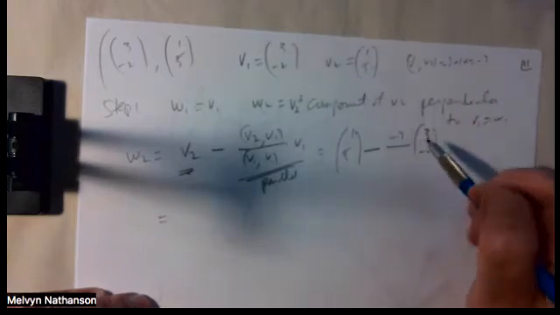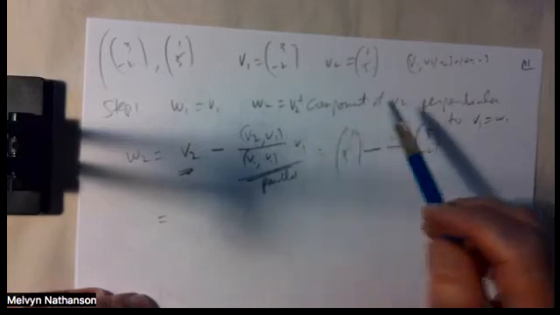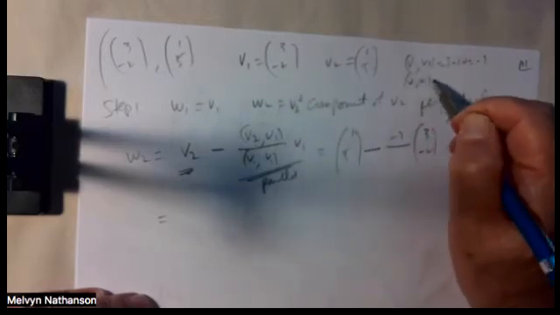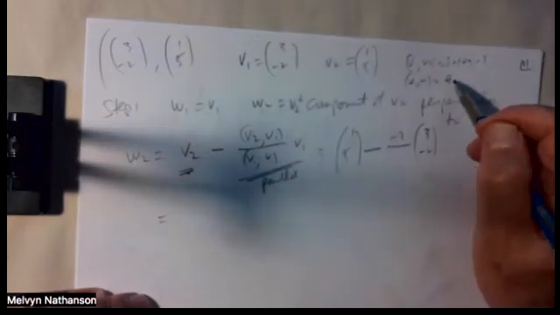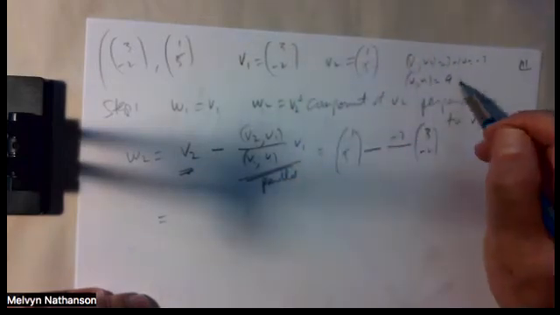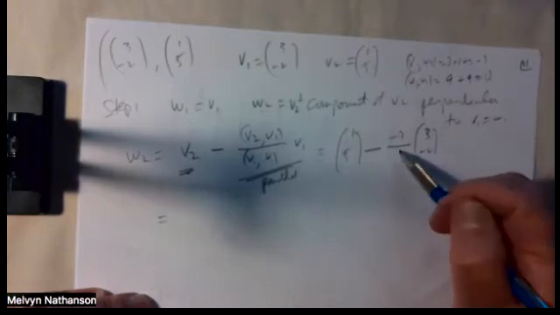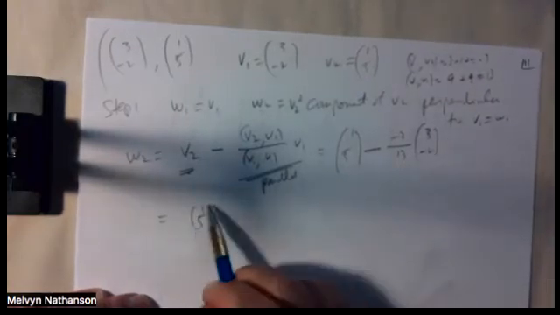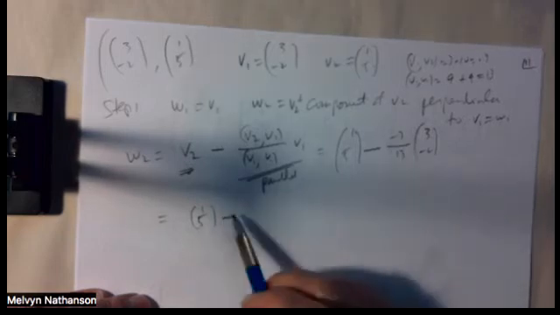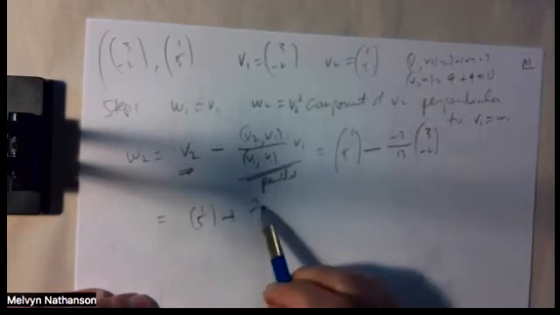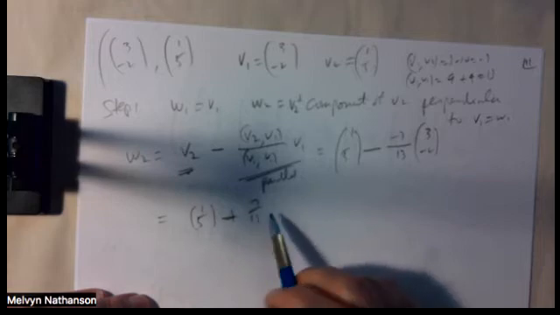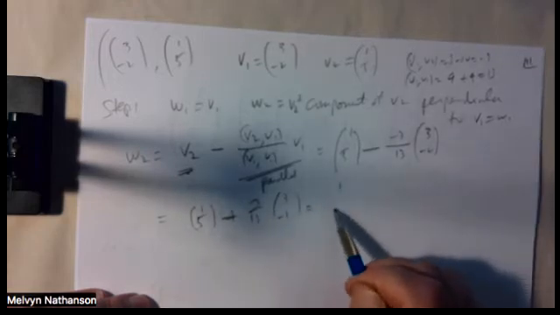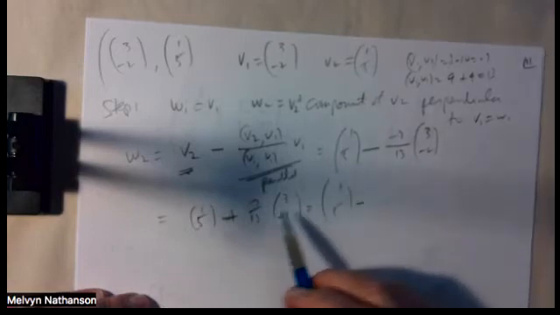So this is minus 7 over the inner product of V1 with itself, which is 3 times 3 plus minus 2 times minus 2, which is 13. So this is the vector 1, 5 minus, minus times minus is plus, 7 over 13 times the vector 3, minus 2.